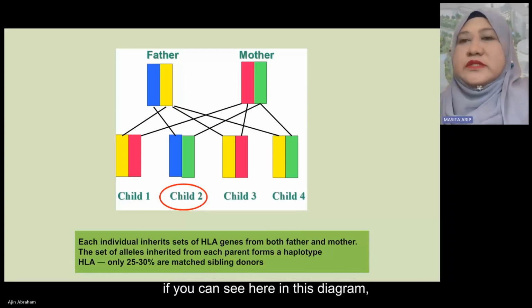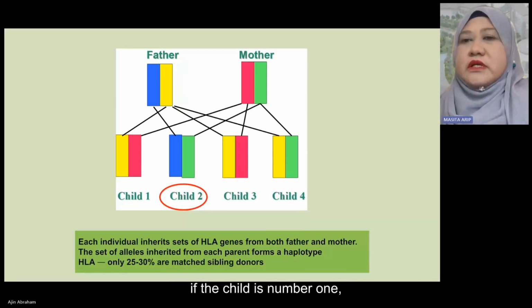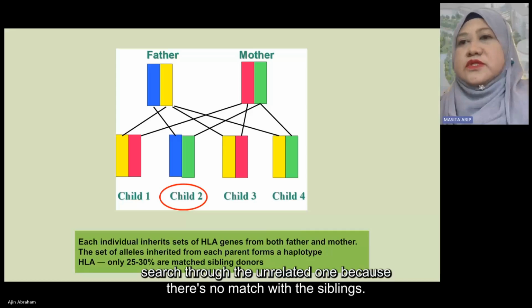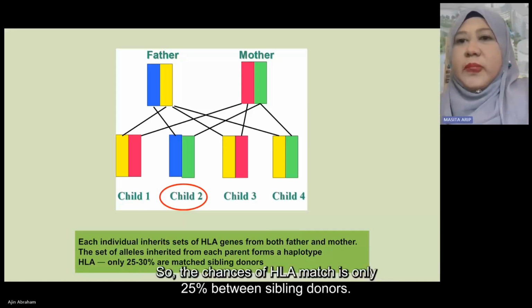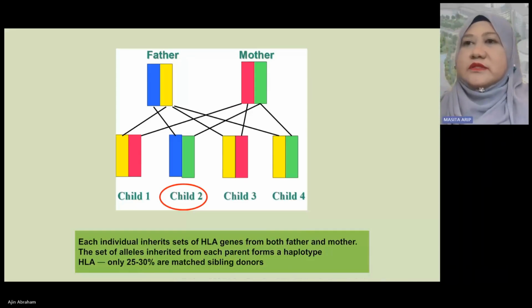In this diagram, if child number 1 is the patient, child number 3 can donate the stem cells. But if the patient is child number 2, they need to search for an unrelated donor because there is no match among the siblings. So the chance of an HLA match between sibling donors is only 25%.